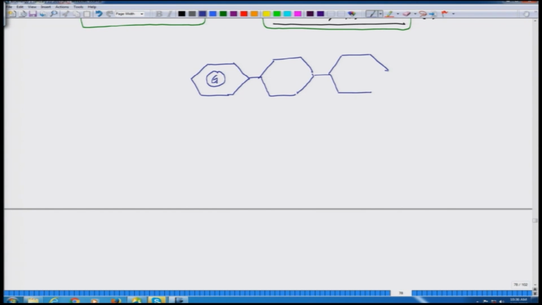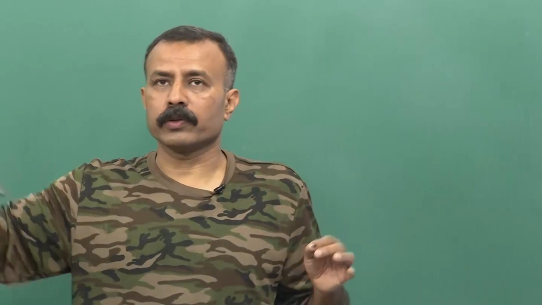There are two ways it can join. One is, say for example, it is linearly attached like this, which is called 1,4 glycosidic linkage. Okay. This is one of the ways this linkage takes place, which gives long linear chains of molecules.